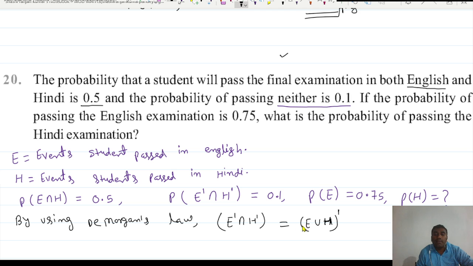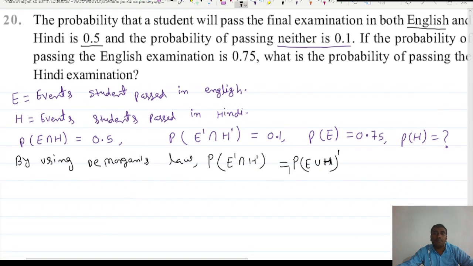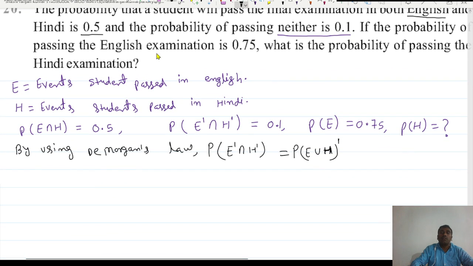By using De Morgan's law we can put the probability here also. De Morgan's law is actually given in set theory, but we can use it in probability in a similar fashion. So this is the probability of (E union H) complement.